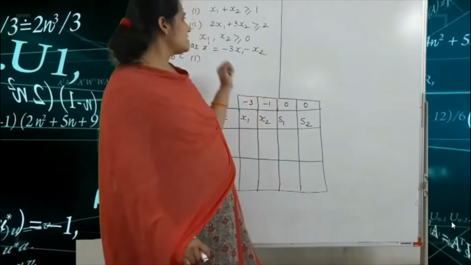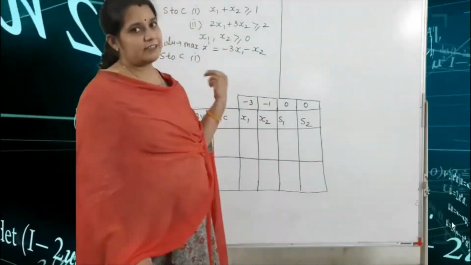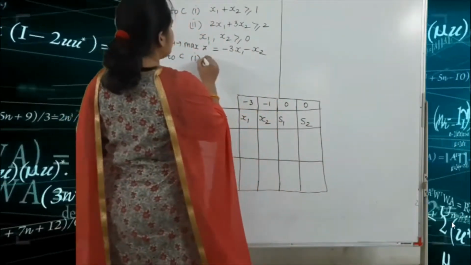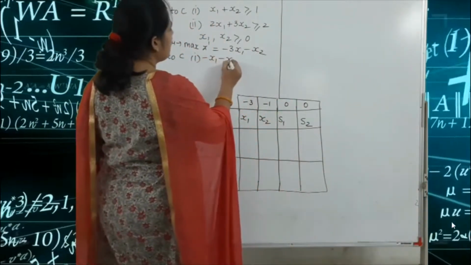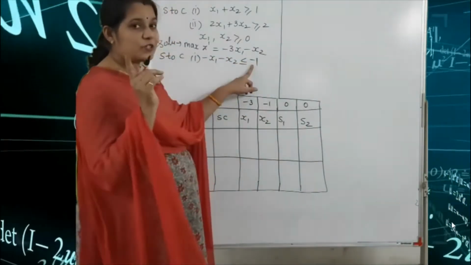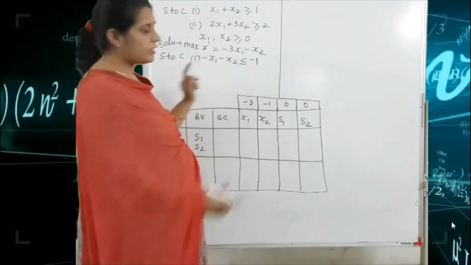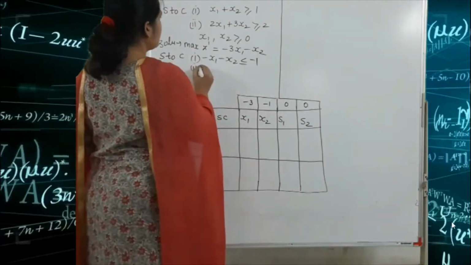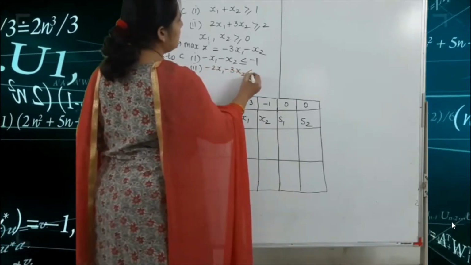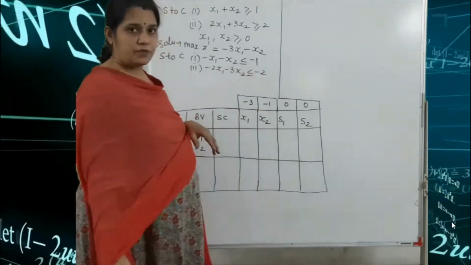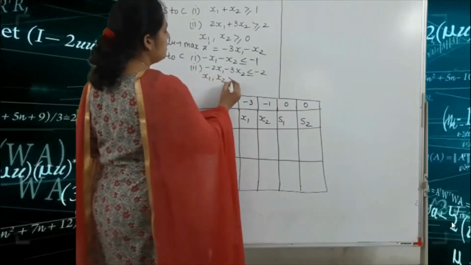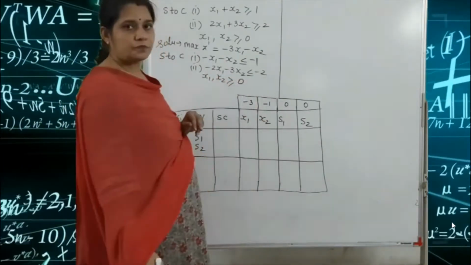So first you convert this greater than equal to type into the less than equal to type. Multiplying by minus 1, we get minus x1 minus x2 less than equal to minus 1. See here, the solution constant is in negative sign. The second equation is minus 2x1 minus 3x2 less than equal to minus 2, and x1, x2 greater than equal to 0.